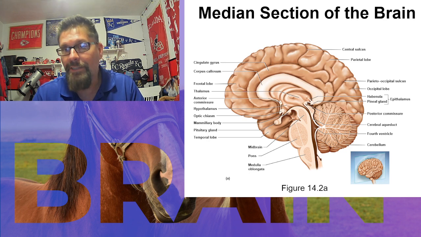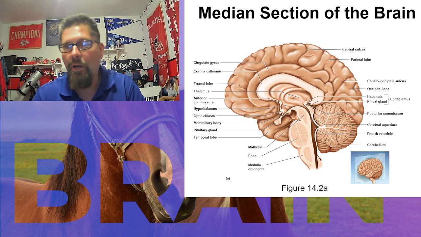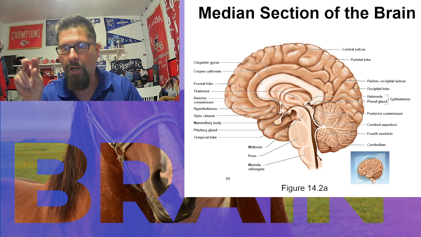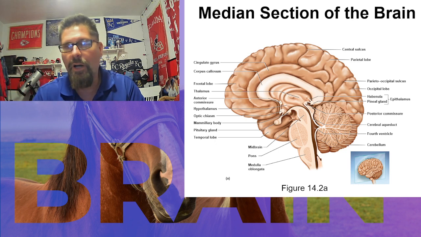But inside of that is the diencephalon that we just referenced. That houses the hypothalamus and the thalamus that you can see there. If you find those words and follow the lines over to the center. And of course down below that, if the center of this brain is where the thalamus and the hypothalamus are, then if you look at about a 7 o'clock, the pituitary gland is hanging down there on a diagonal line.